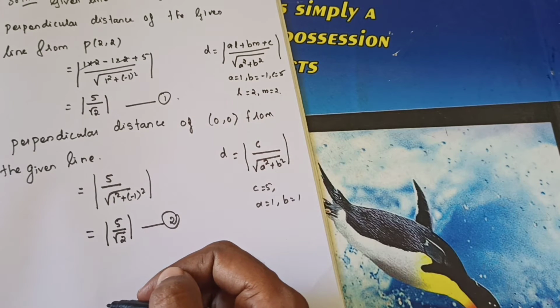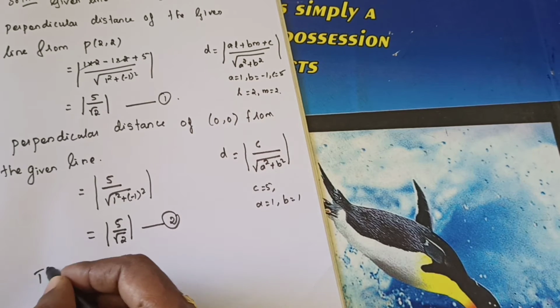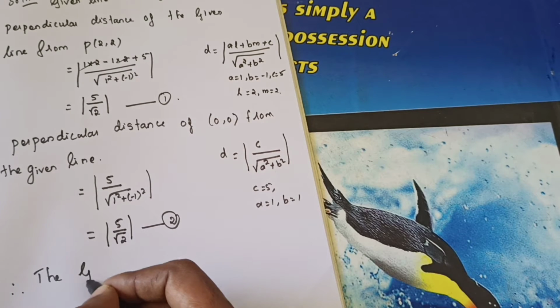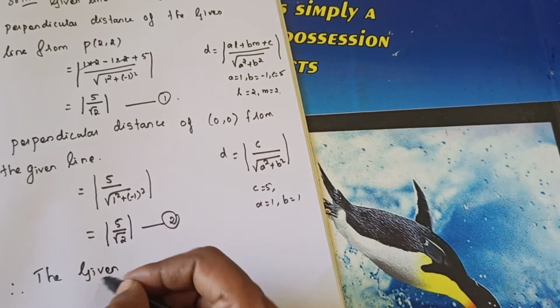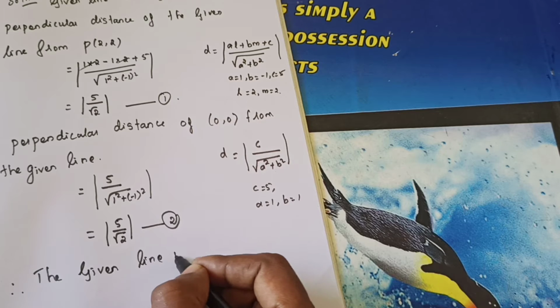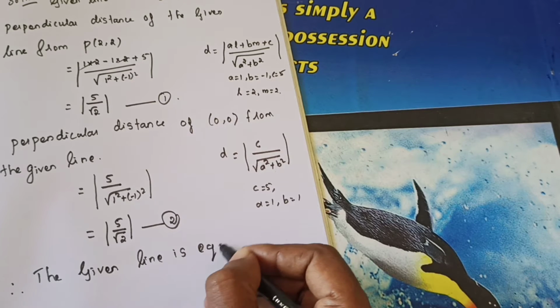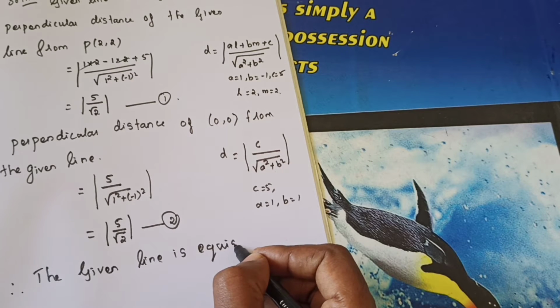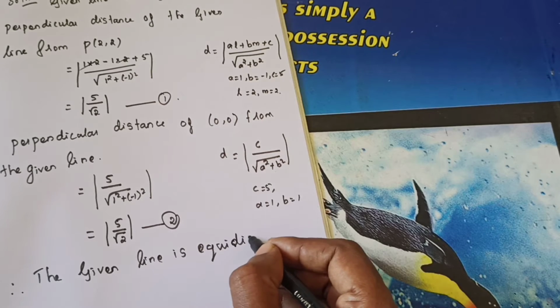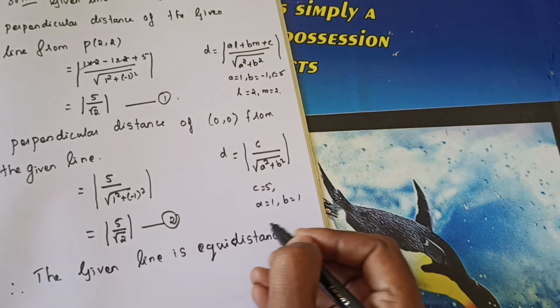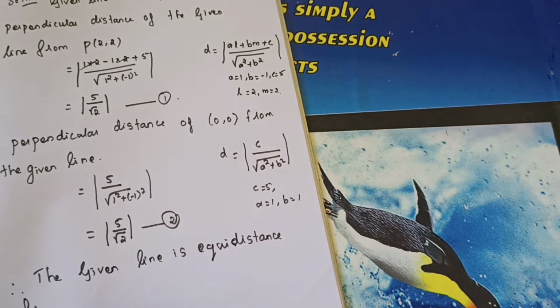Are both equal? Equal, correct? Therefore the given line is equidistant from the origin and the point 2, 2.